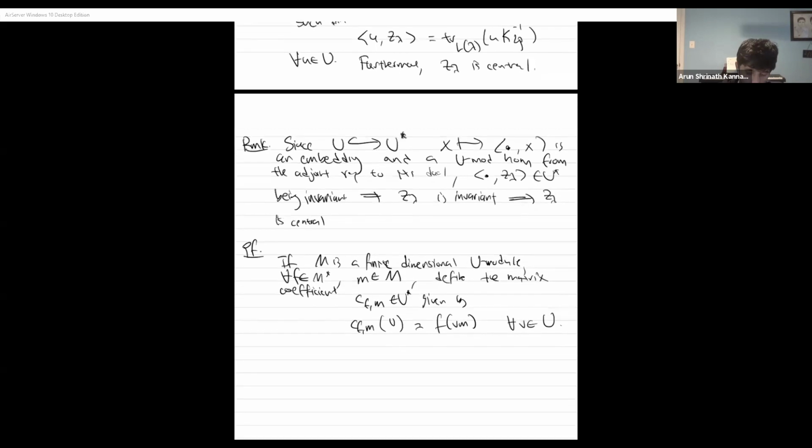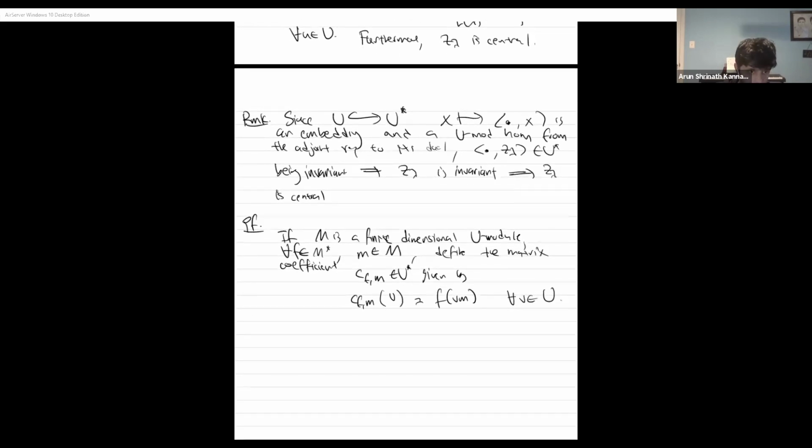Okay, and so that's a matrix coefficient, and here's a lemma about these matrix coefficients. Lemma 20. Let M be a finite dimensional U module of type 1 whose weights lambda each satisfy the property that 2 lambda is in the root lattice.